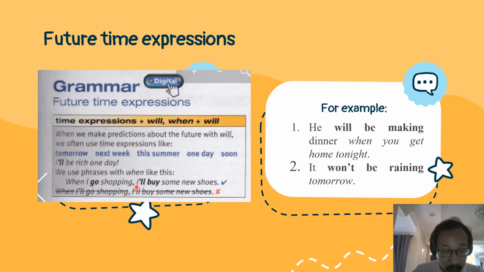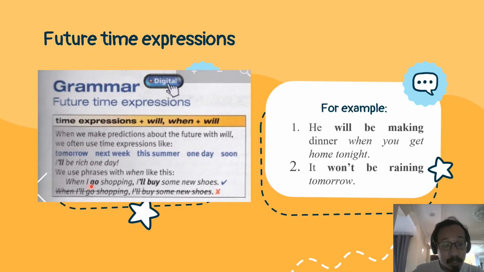When I go shopping, the clause is in simple present. You do not modify the main verb. When I go shopping, I'll buy some new shoes. You don't say when I'll go shopping, I'll buy some new shoes. That is wrong.